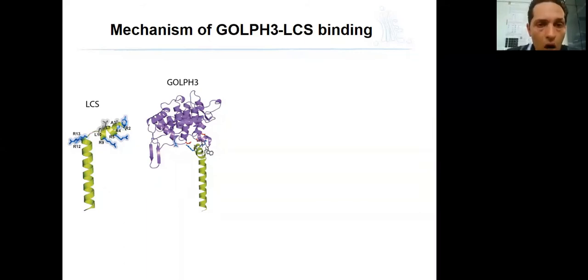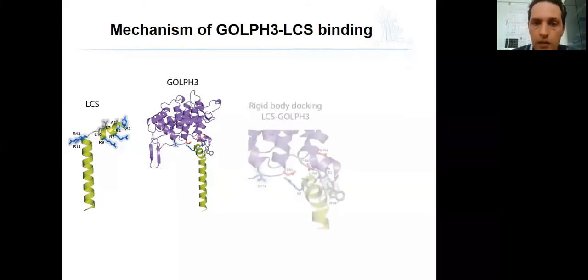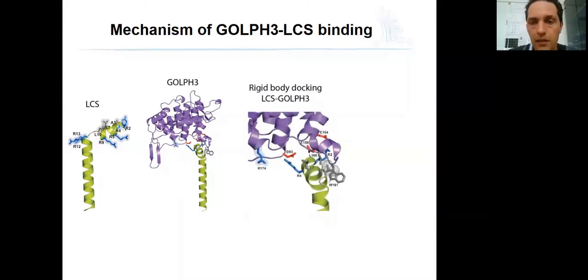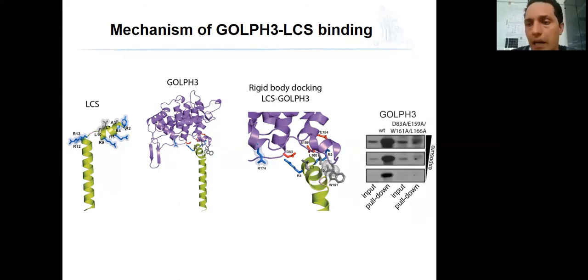These enzymes were docked with the crystal structure of GOLPH3 in order to identify the amino acids that participate in the interaction with the cytosolic tail of LCS and all the other GOLPH3 clients. The amino acids found with this rigid body docking were mutated to alanine, and after mutating them we could abolish the interaction between lactosylceramide synthase and GOLPH3.